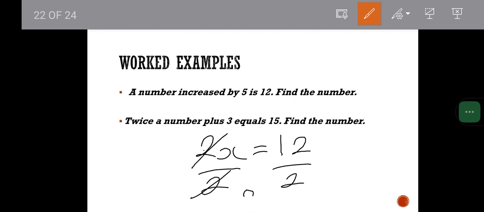And when we cut it through, x is equal to 6. Twice the number plus 3 equals 15. Our number is 6. If we multiply 6 by 2, which is twice of 6, that is 12, and we add it to 3, it is equal to 15. This verifies the statement. Are you with me?